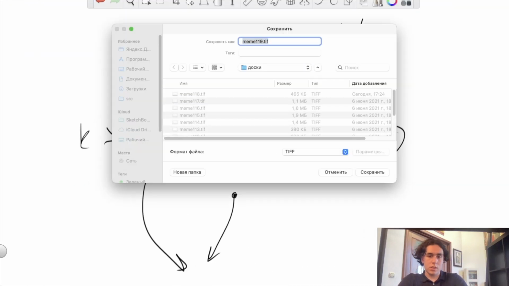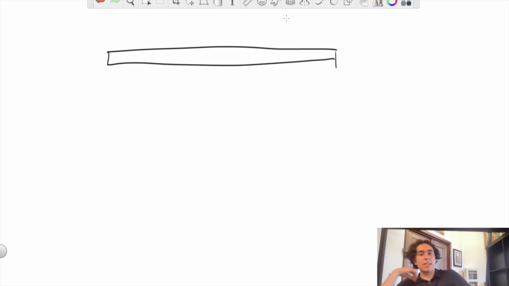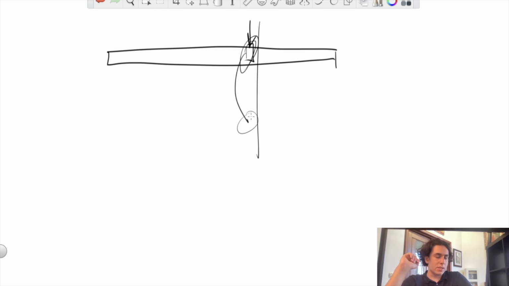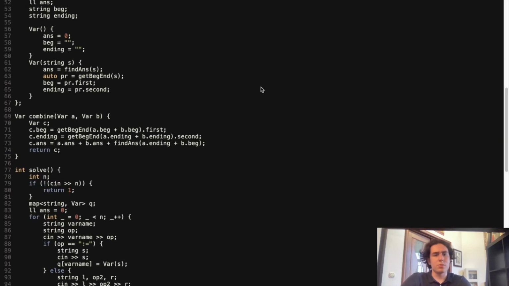Okay, so the first thing that comes to my mind is that we should go from another side. We should for each digit find the number of times it changes. And it seems to be a pretty straightforward thing. We should kind of divide these numbers and take their difference. Yeah, isn't it just that? I think it is, probably.